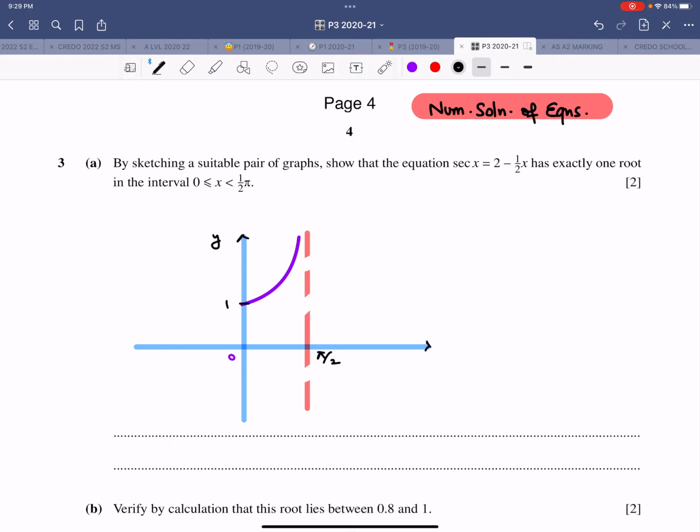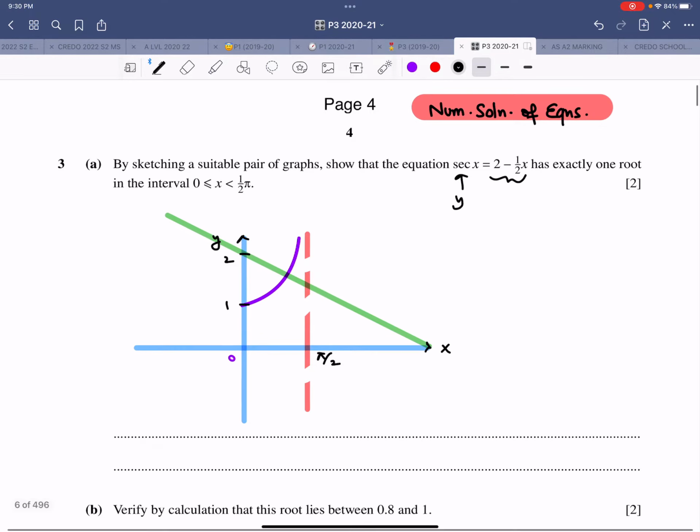This is x-axis. And you need to draw y equals sec x, and y equals 2 minus half x. So the y-intercept is 2 and the gradient is negative half. So let me draw another line like this, cutting the y-axis at 2 with a negative gradient. And how many points of intersection? There is 1 point of intersection. So you would say 1 point of intersection means 1 root of the equation.